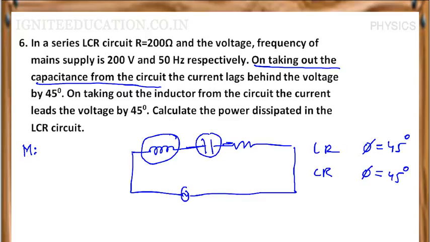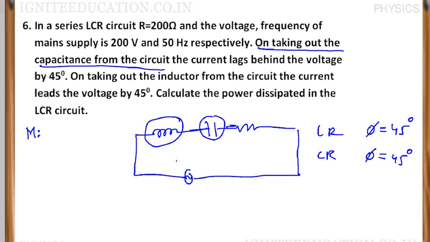So we need to find out the power dissipated. When the current is flowing through the circuit, you need to find the power dissipated in the LCR circuit.